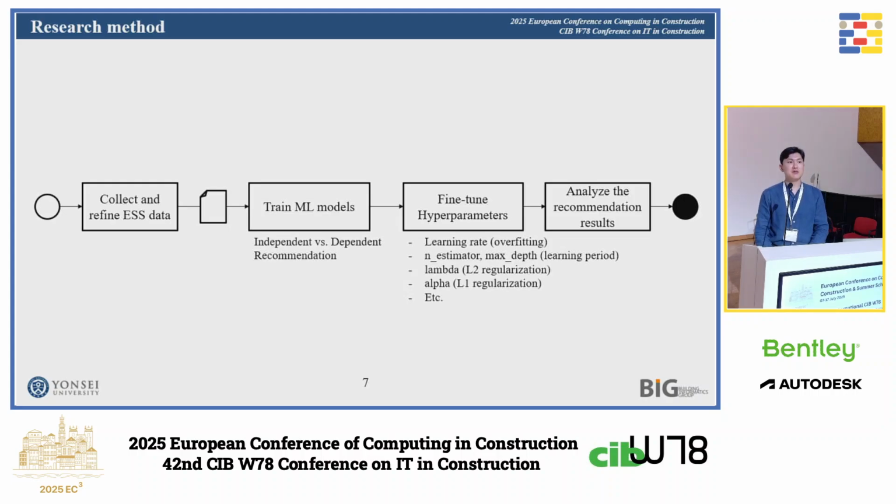The first one is the independent process, and the other one is the dependent process. During the training, we tuned hyperparameters to gain the best performance. Finally, we analyzed the results by using the Wilcoxon signed rank test in order to validate the meaningful difference between the recommendation processes.